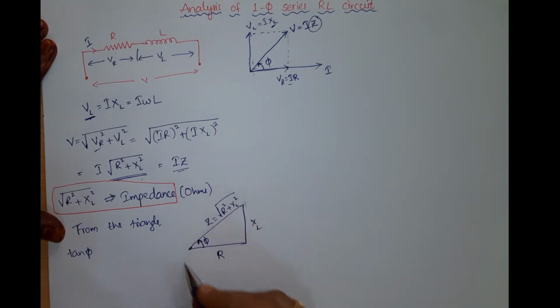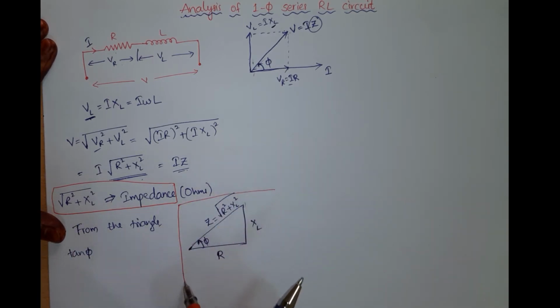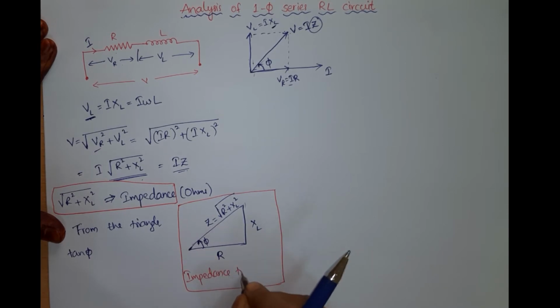So this triangle is called the impedance triangle, from where we have derived the impedance. Let me note it down. Impedance triangle. From this triangle, let us write what is tan phi.